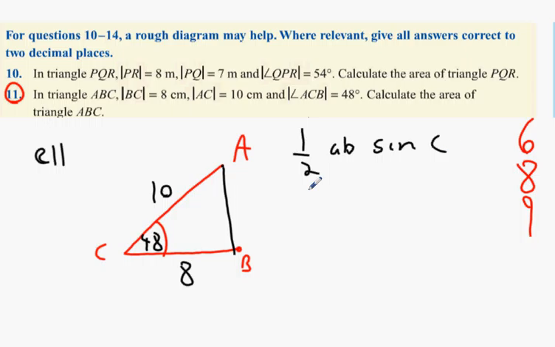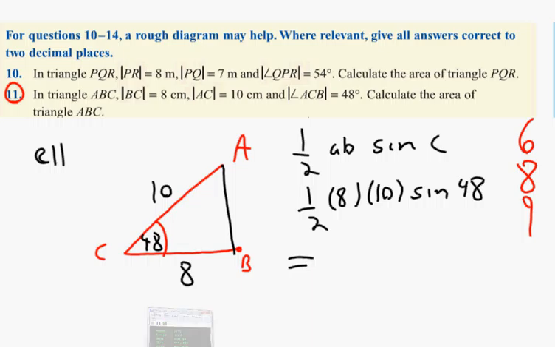I have 8 times 10, sin what? What did you get? Centimeters. Okay. Reasonably easy. Only thing different is the variable description.